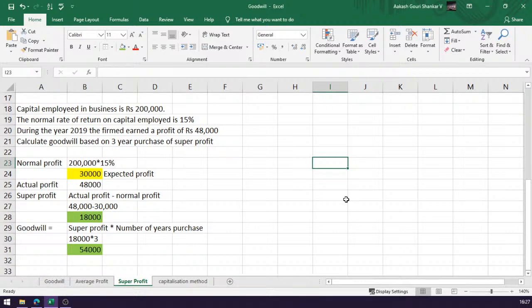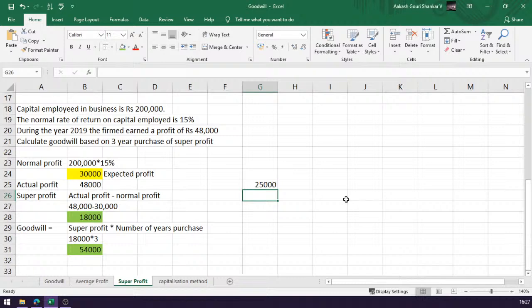The expected profit is 30,000, which is 2 lakh into 15 percentage. But our actual profit, which is given in the question, is 48,000. But the case I'm taking here to explain is rupees 25,000.